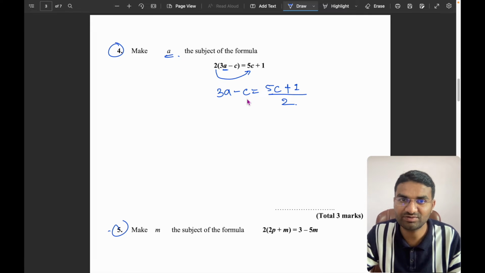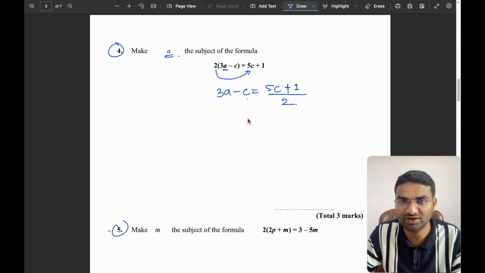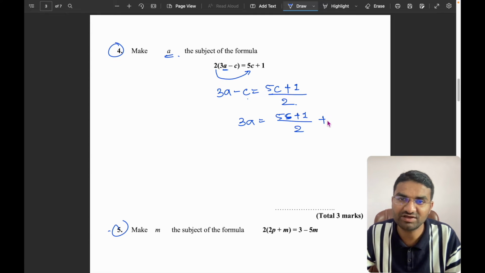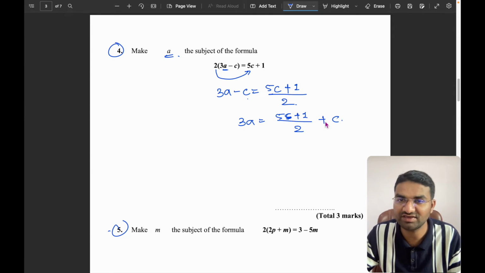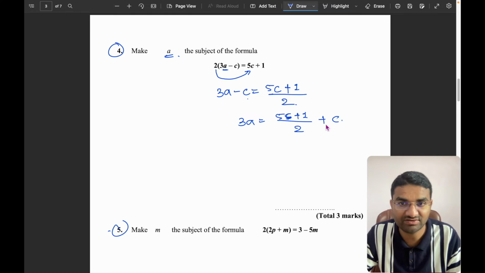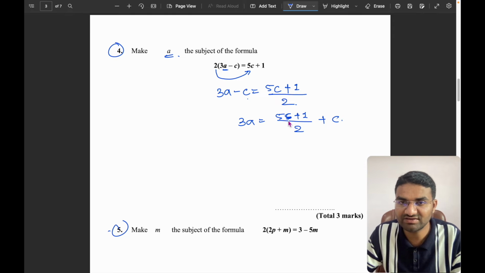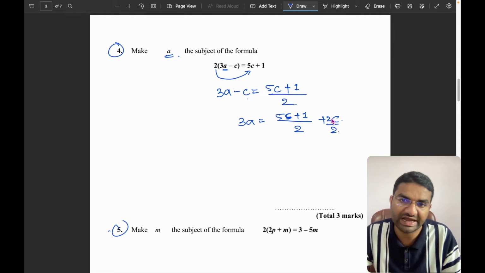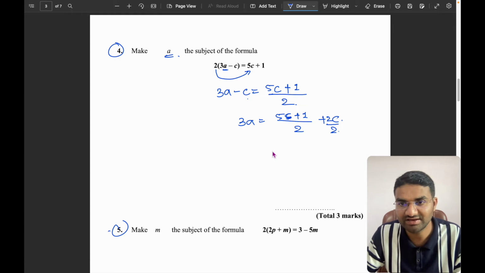Then transfer this C again to the right hand side. It will be 3A is equal to 5C plus 1 divided by 2, plus C. Here you have a C, right? So what you can do is multiply and divide the C by 2, so that the denominator will be the same, and you can add this 2C and 5C straight away.